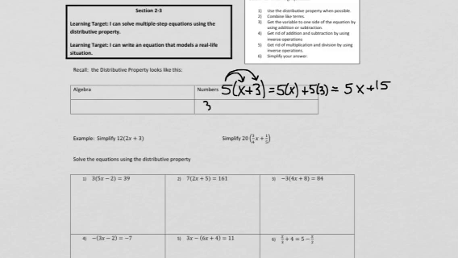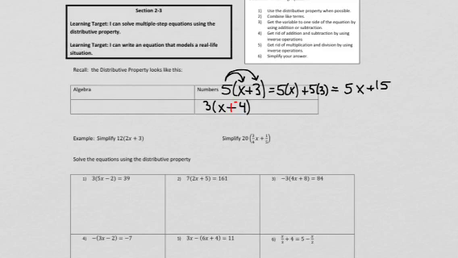Now let's suppose that we have 3 times the quantity x minus 4. It is most beneficial for everybody to change the minus to be plus a negative, because that's what subtraction is, adding the opposite.